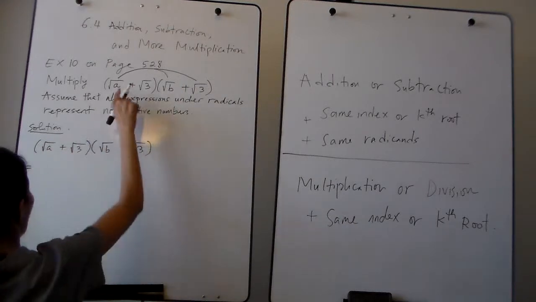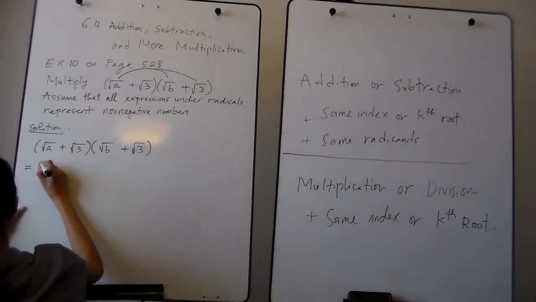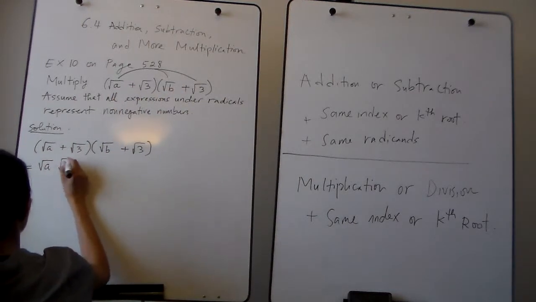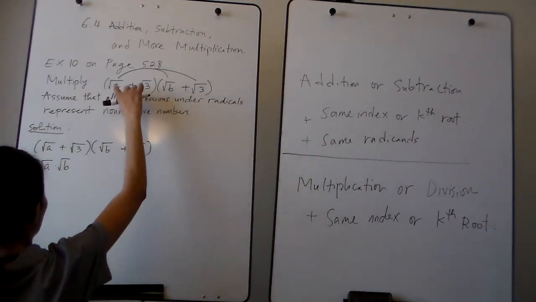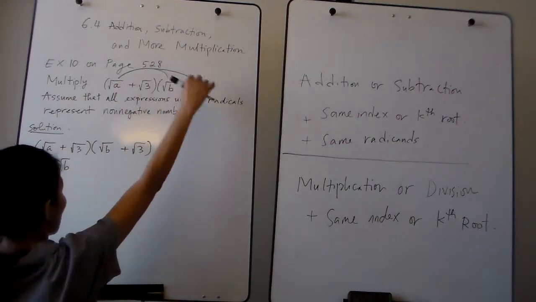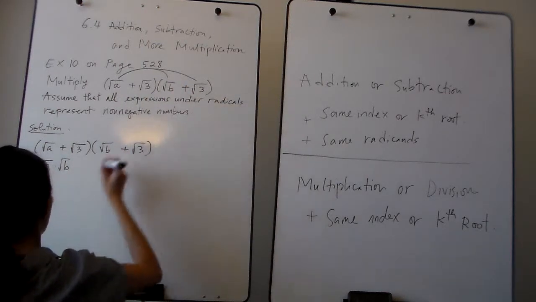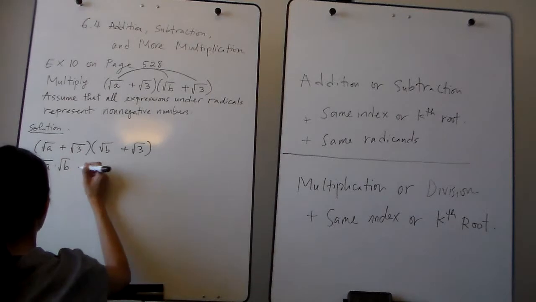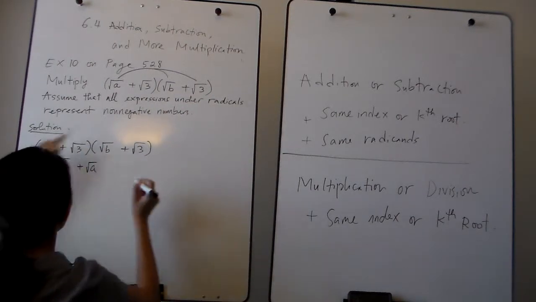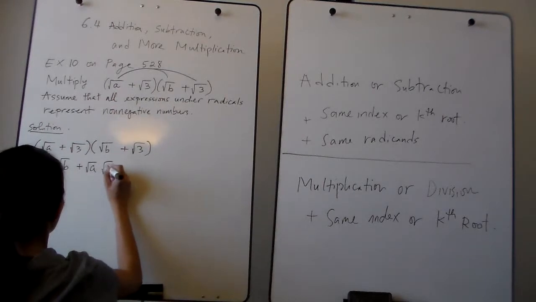So square root of a times square root of b. And then, taking the same term, multiply it by the second term inside the second factor. Because it's plus, so plus root a times root 3.